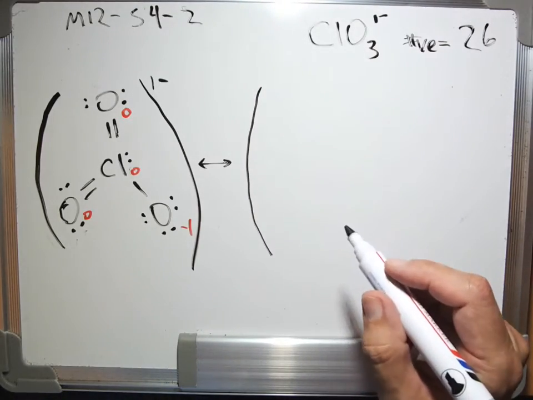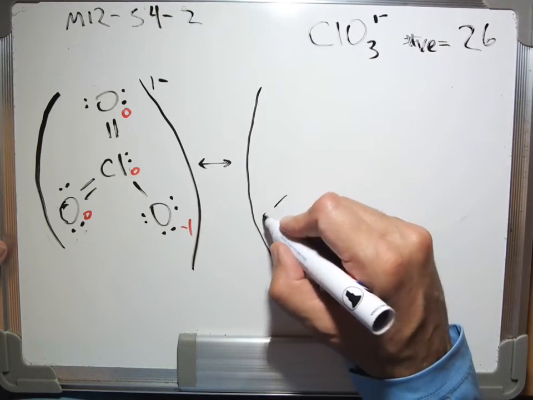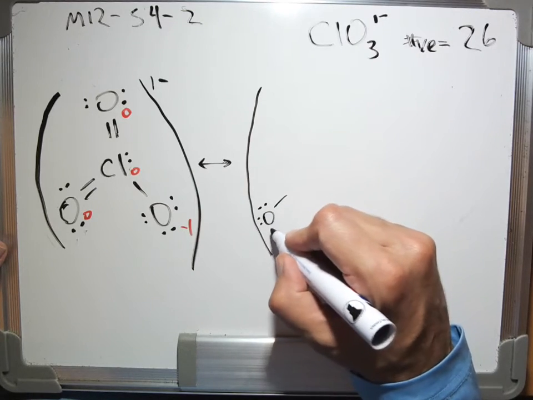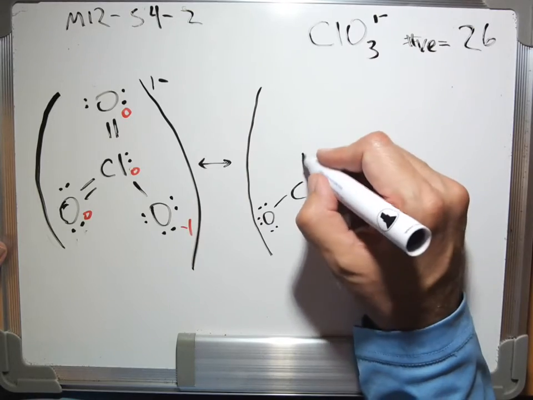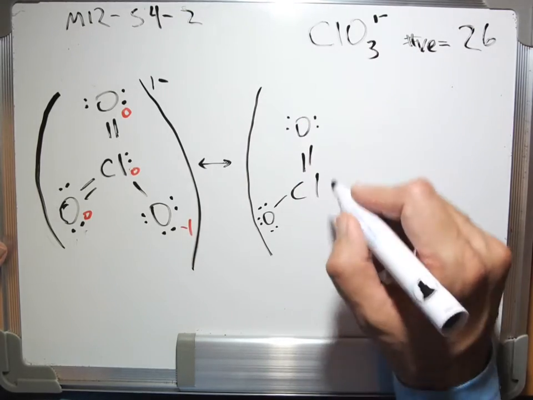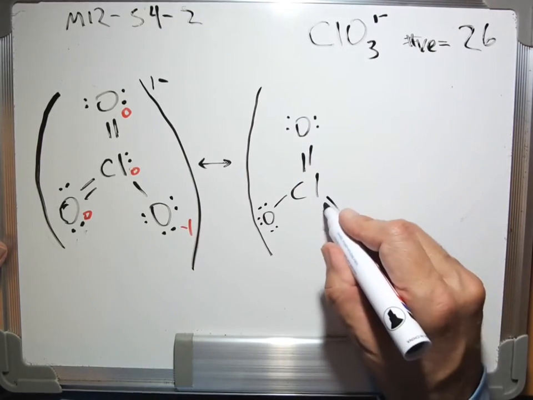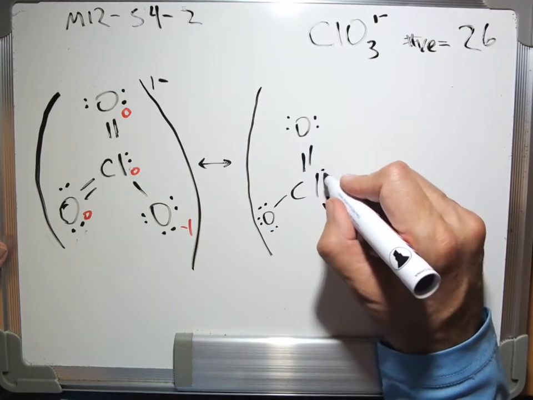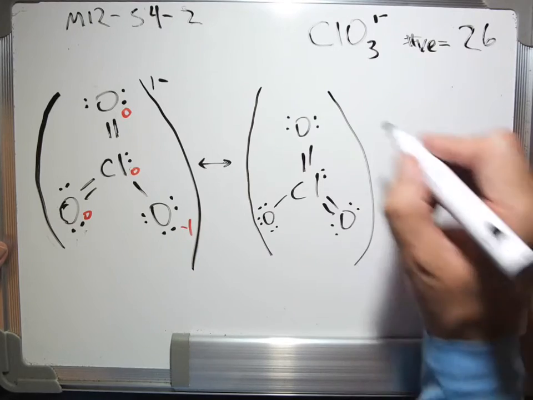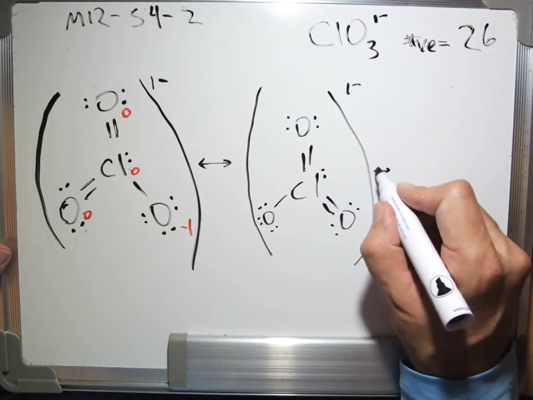We're simply adjusting which oxygen is singly bonded and which oxygens are doubly bonded. So I'll now make this my singly bonded oxygen. Each of those doubly bonded still has the lone pair on the chlorine. That would carry a -1.